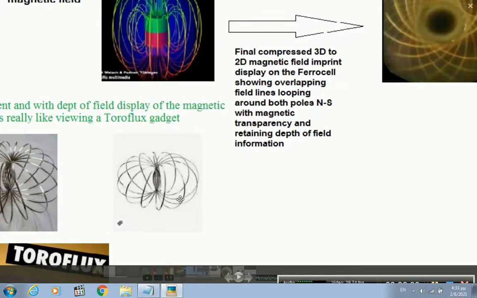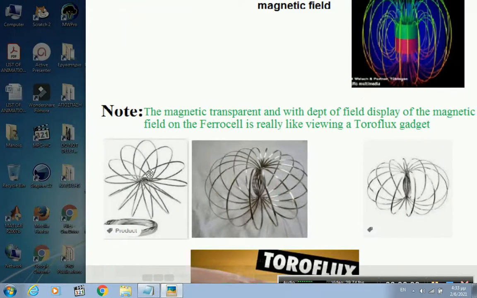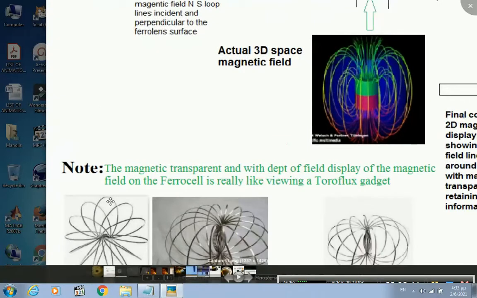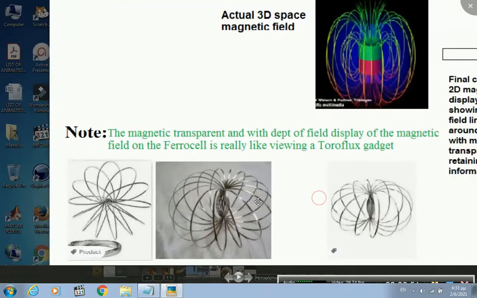But you can see here the crisscrossing, and here also a top view. Even if the lines are going as straight loops, as we have here, we still can see the crisscrossing effect. So you understand now how much richer the display of a magnetic field with a ferrocell is compared to the flat iron fillings magnetic imprint.